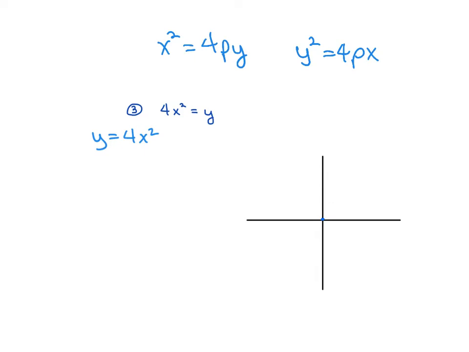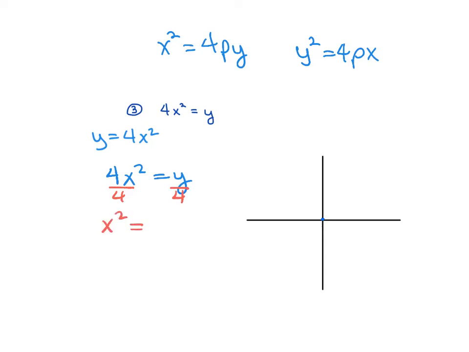You want your x squared or your y squared to be all by itself. So what we need to do is work on isolating the x squared. So right now I have 4x squared equals y. I need to get x squared all by itself. So to do that, I need to divide both sides by 4. And now I have x squared.